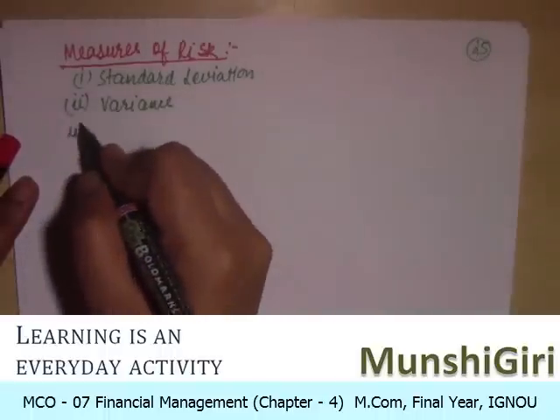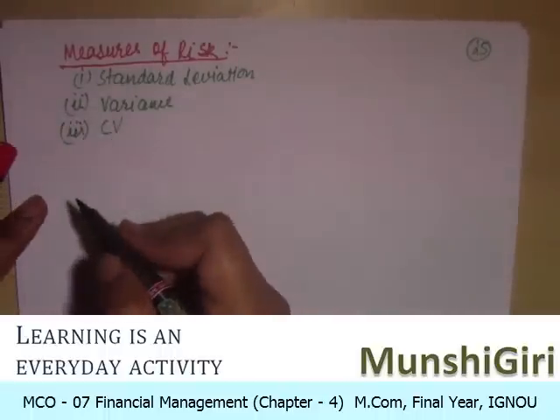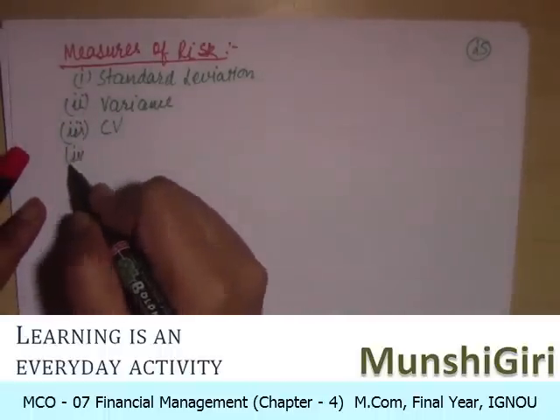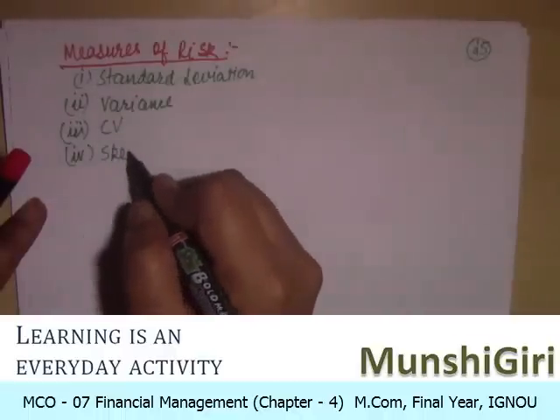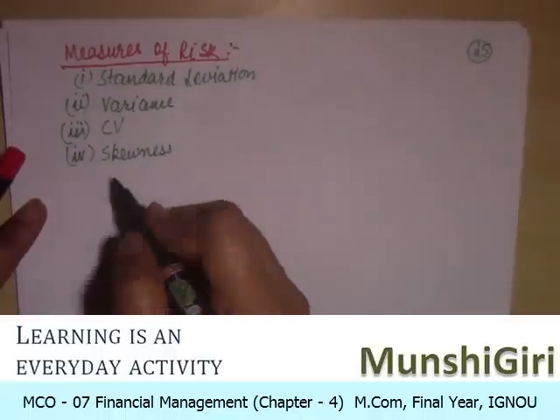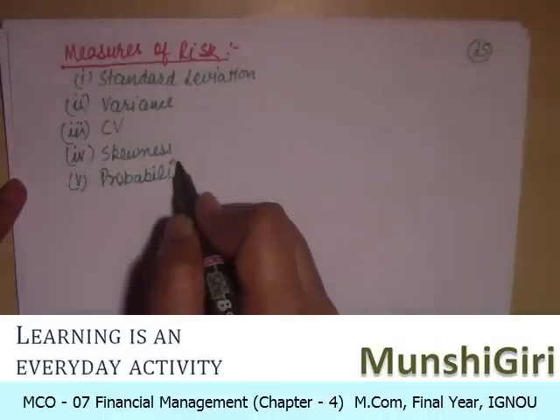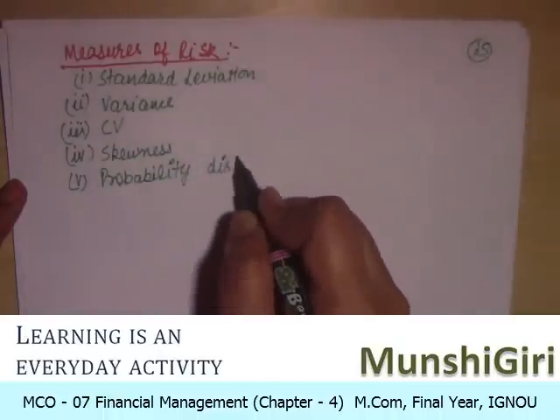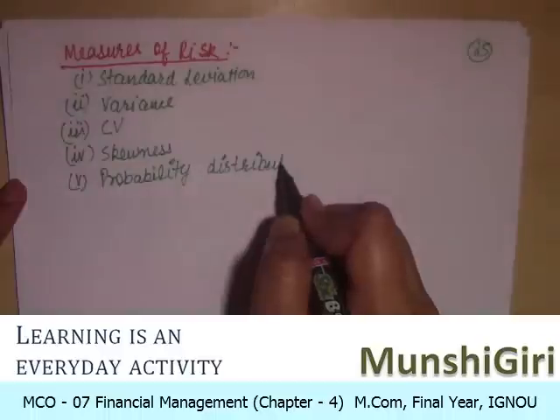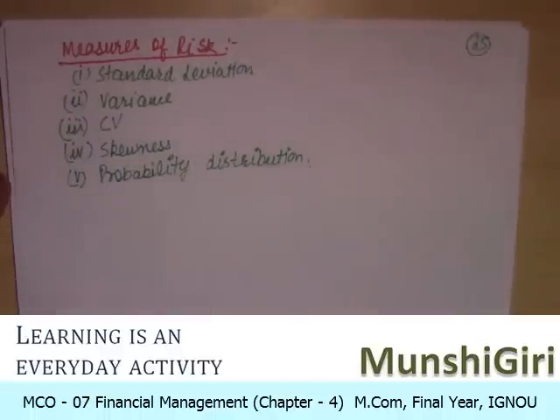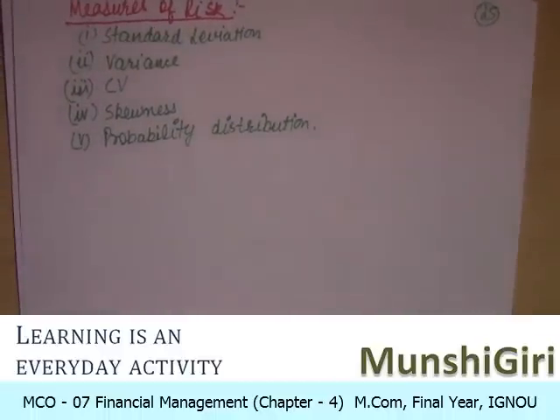Third, coefficient of variance, which we also call CV in short. Then skewness and probability distribution. Now we are going to learn about these in detail one by one, taking up standard deviation at first.